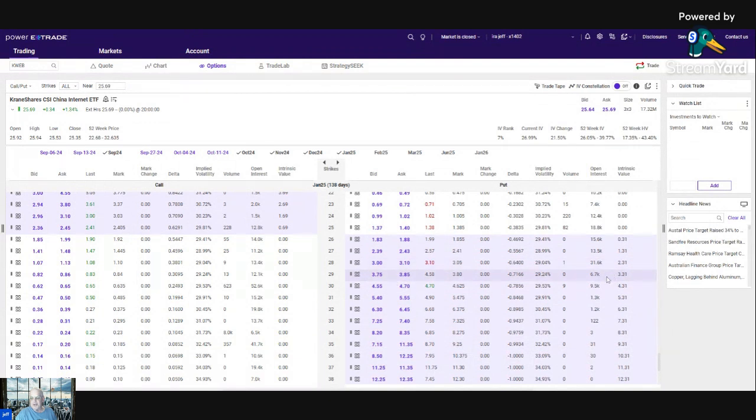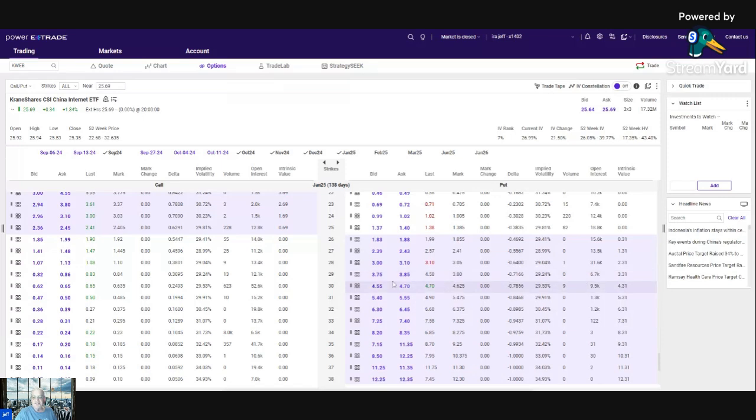Almost 7,000 contracts are in the books. If you look at open interest, it shows the amount of people that are trading this approximately. How much is available to buy and sell.